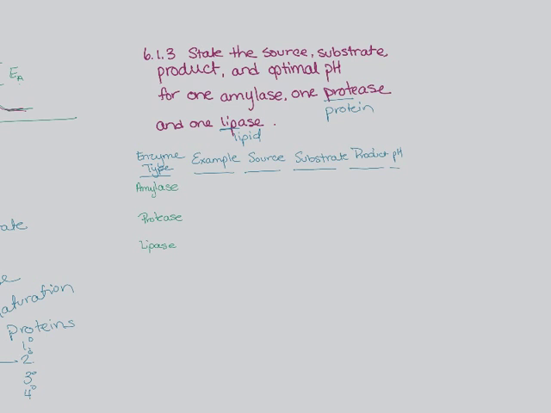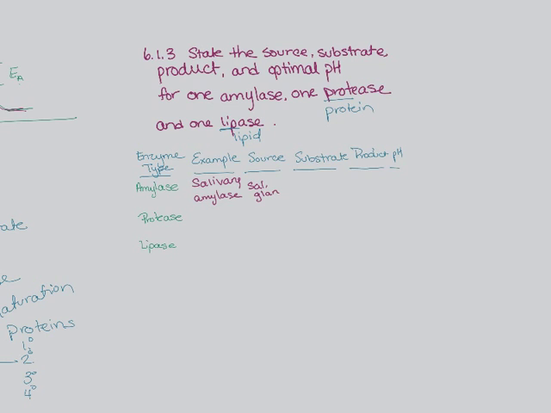Remember these ones. For an amylase, this is very easy. The name's right in it. So we can think of our salivary amylase. And as the name would suggest, the source is going to be the salivary gland.